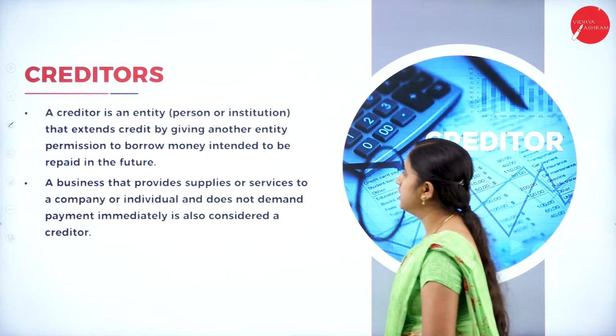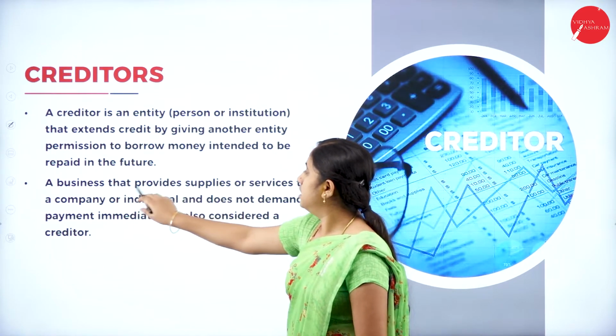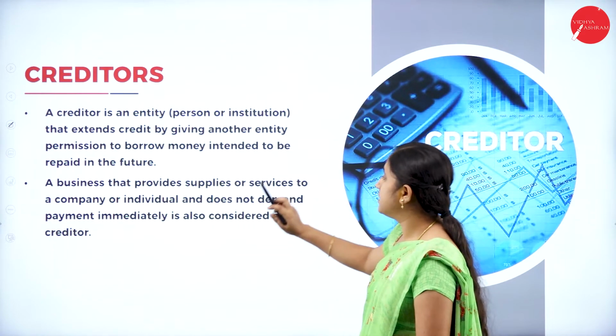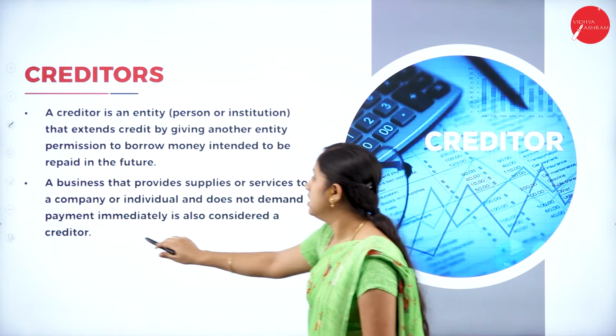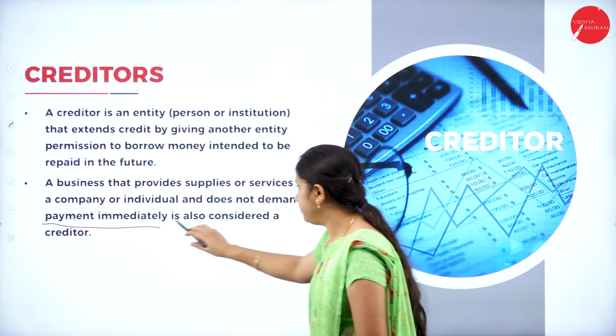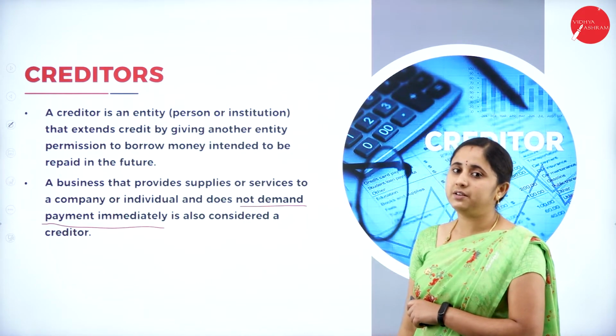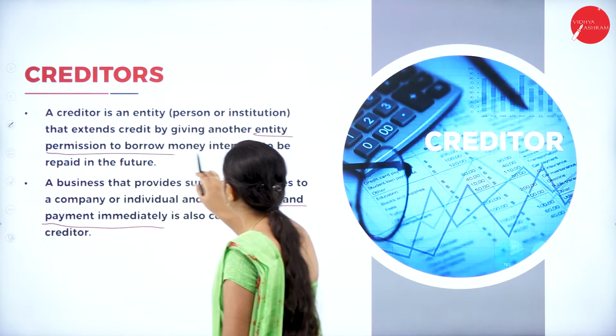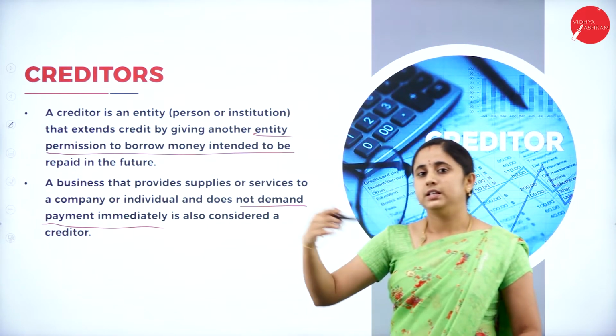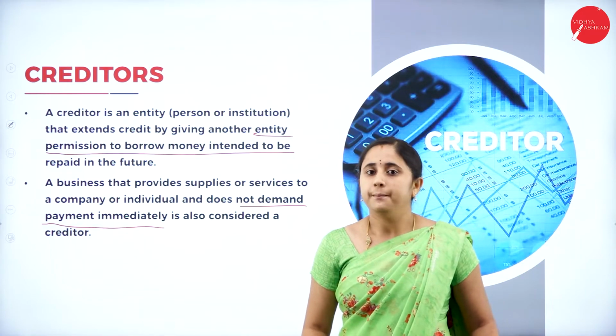It says a business that provides supplies or services to a company or individual and does not demand payment immediately. Now, it is not going to demand money, and it gave permission to borrow money.